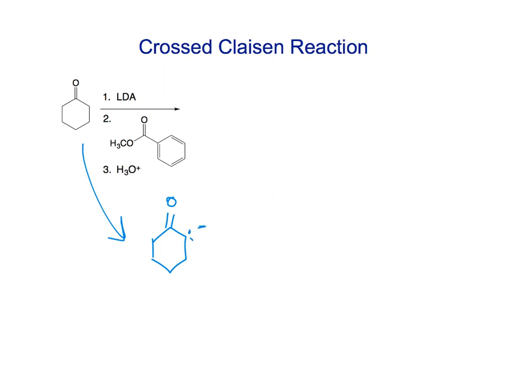So we're going to form an enolate here, and this enolate is going to attack the ester carbonyl. Right, so we can draw out the intermediates here. So we form a tetrahedral intermediate.